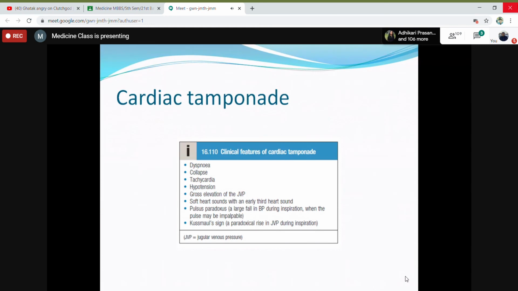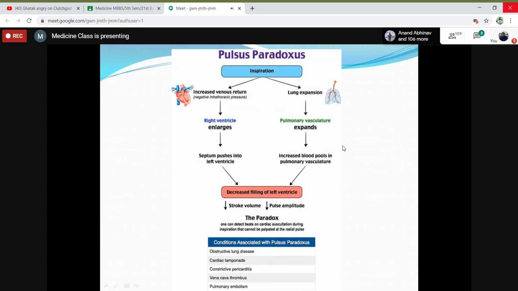Okay, and pulsus paradoxus may also be there, which is a large fall in blood pressure during inspiration when the pulse may be impalpable, and there can be Kussmaul sign, which is the paradoxical rise in JBP during inspiration. So pulsus paradoxus, I thought this could be very helpful for you.